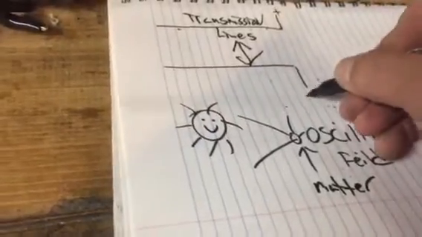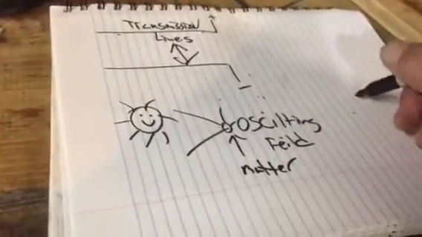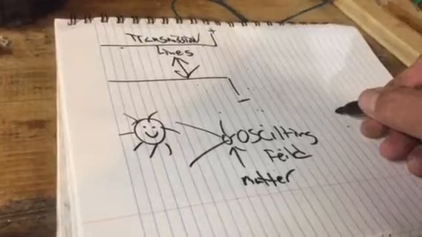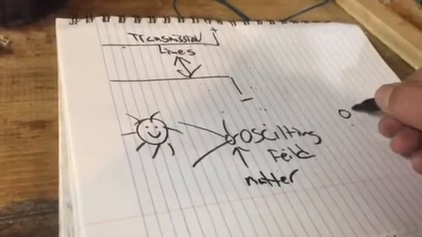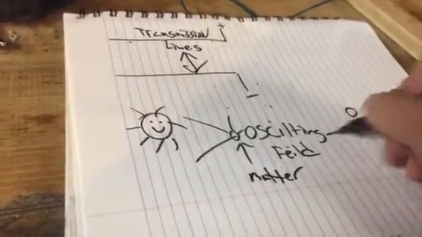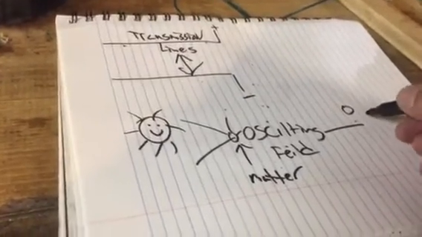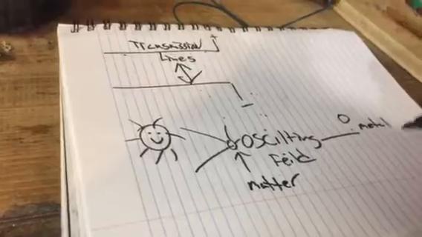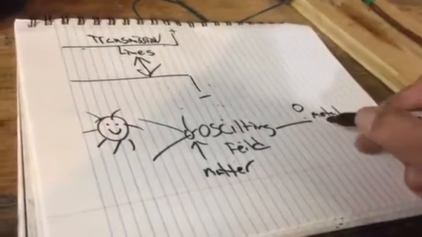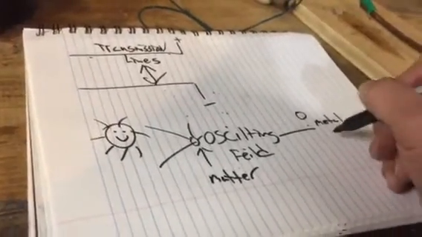Now we know that when you have an oscillating field with a metal, what are you going to get?